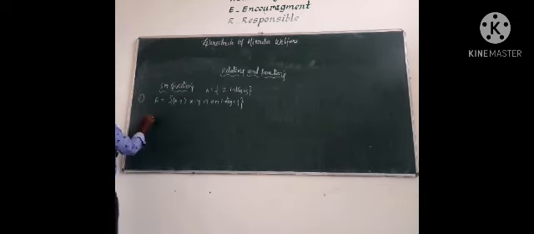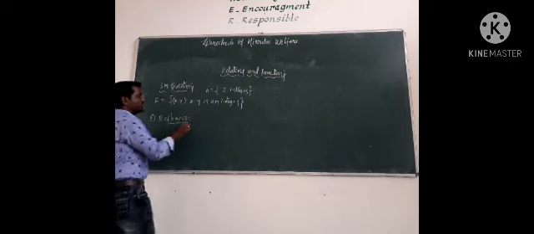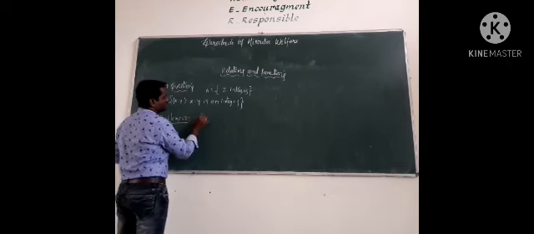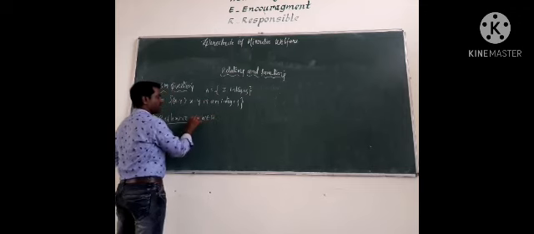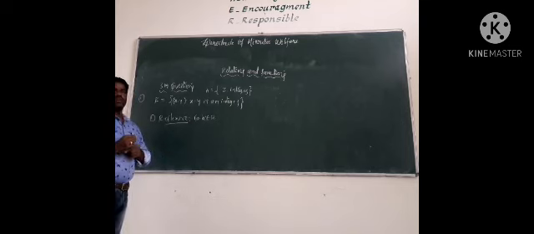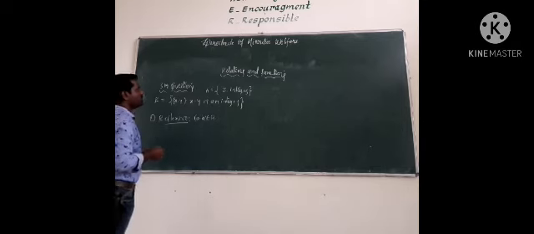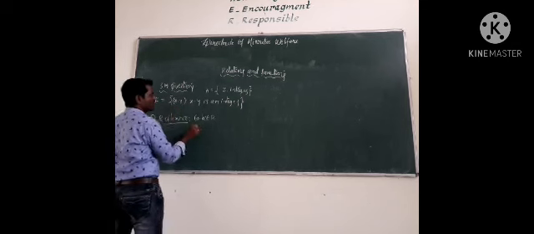First one, reflexive. We know the condition for reflexive: (a, a) belongs to R. That means the same number or same variable, if it is repeated, that is reflexive. Here Z is the integers.